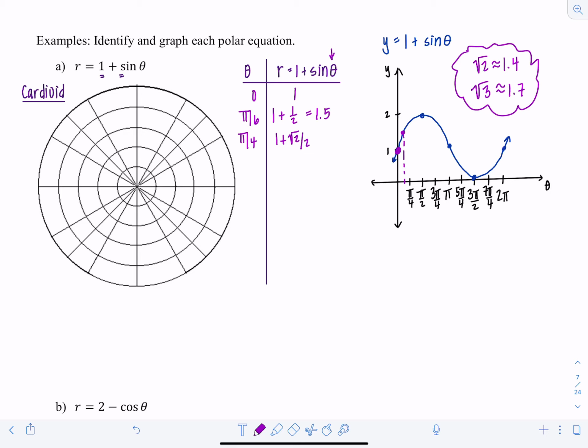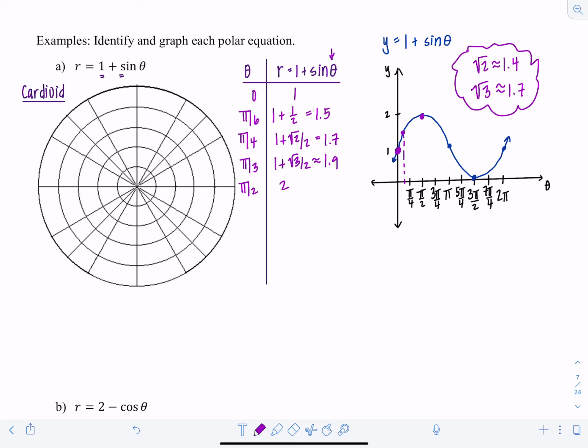So that's 0.7 plus 1, so this is about 1.7. Honestly, if you just go to the 10th place, that's good enough. Pi over 3, that's going to be 1 plus rad 3 over 2, so that's about 1.9. And then pi over 2, you can see clearly from the graph at pi over 2, it's 2.